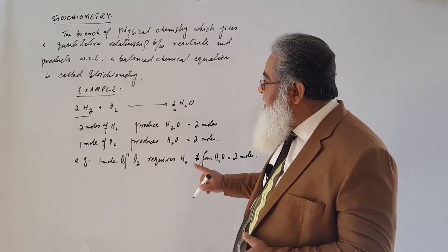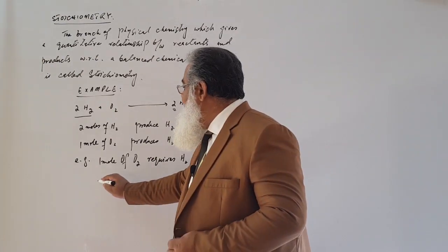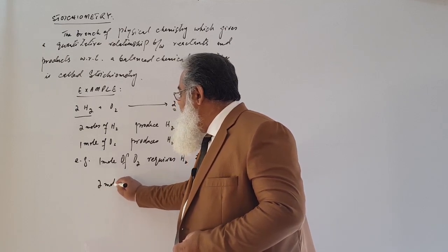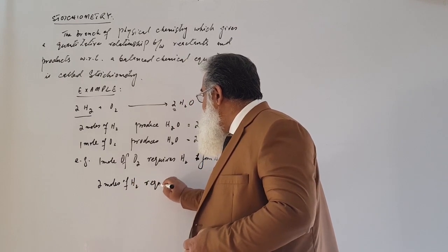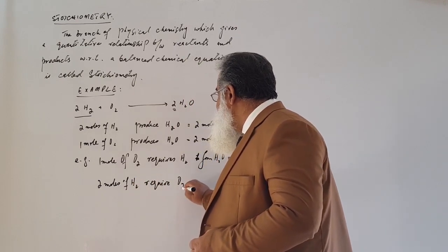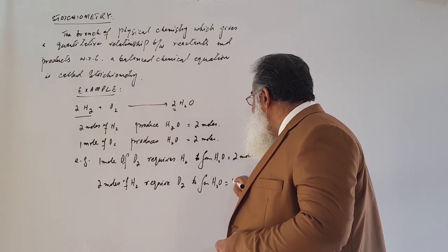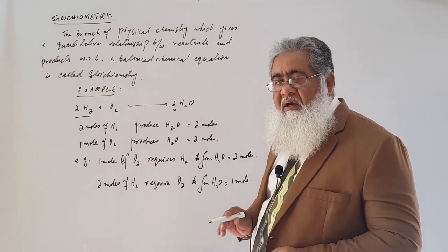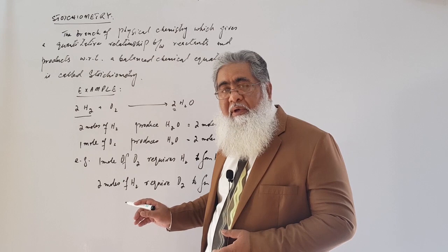Similarly, we can make the relationship between hydrogen and oxygen. Here we can say 2 moles of hydrogen require oxygen to form 1 mole of water. Which relation will be required to solve a numerical?